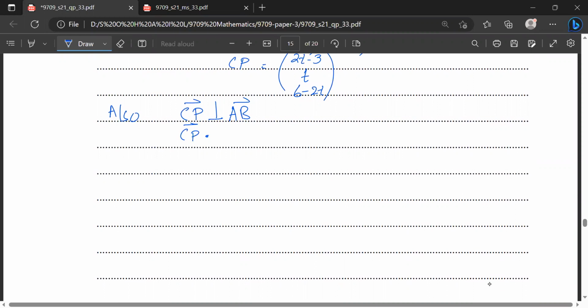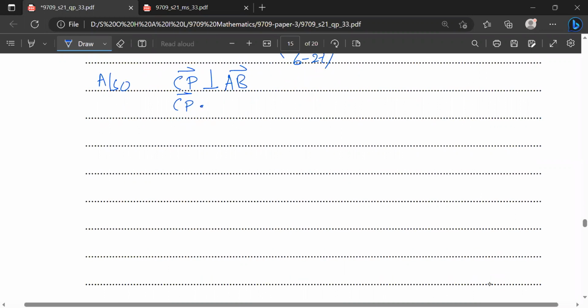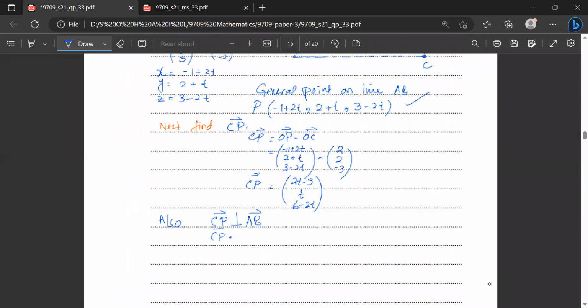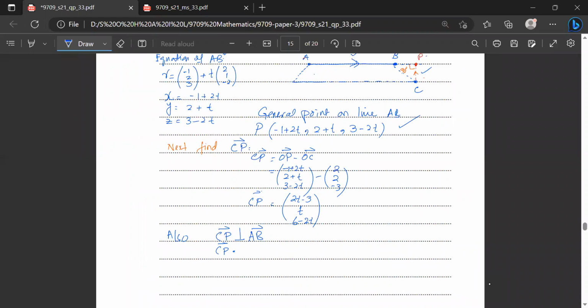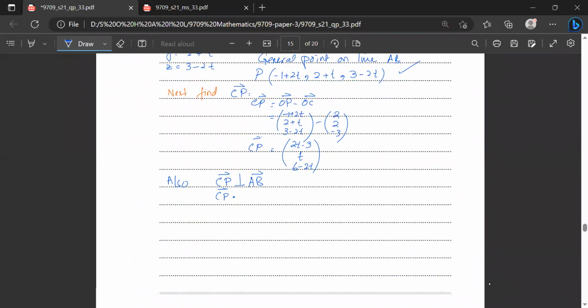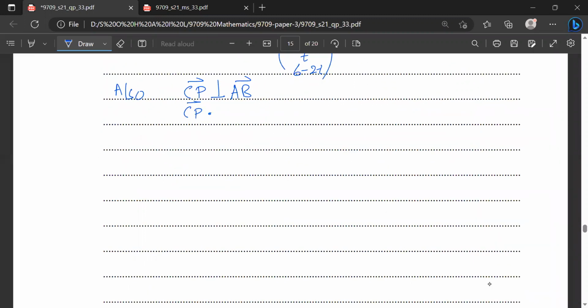So I'm looking for the distance. The distance means the length of C from the line. So this would be the distance. CP dot AB is equal to 0.